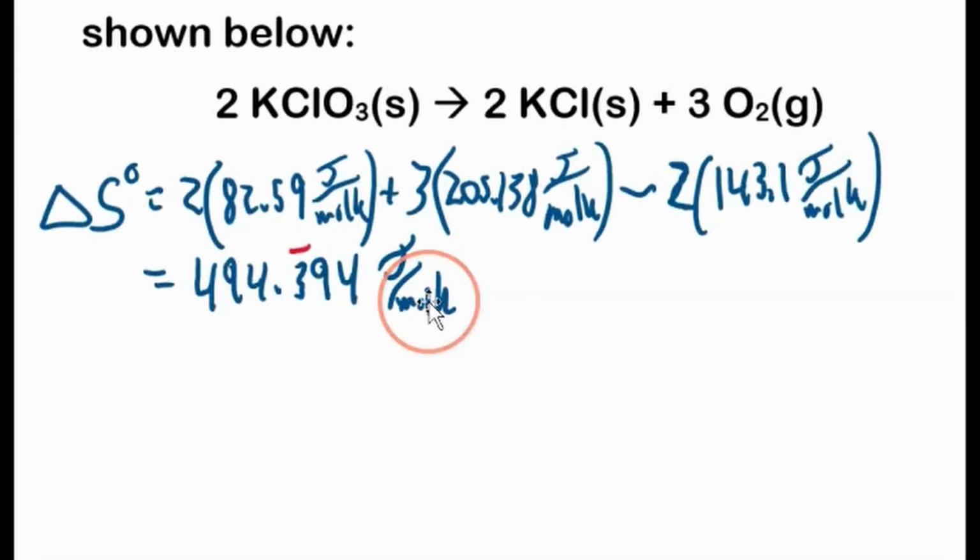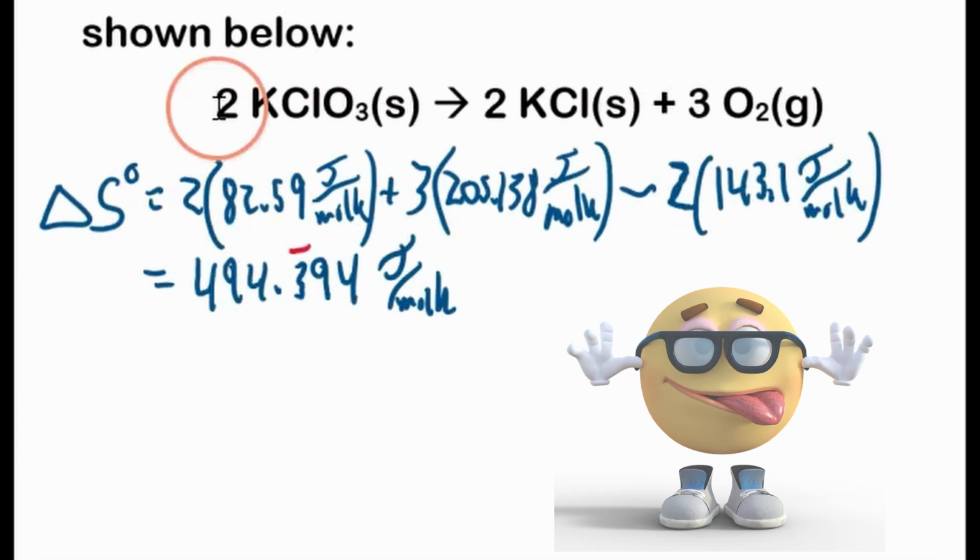Now, this per mole is per mole of the reaction. If 2 moles of KClO3 reacted to give us 2 moles of KCl and 3 moles of O2, this would be the entropy change. So this per mole is per mole of this reaction.